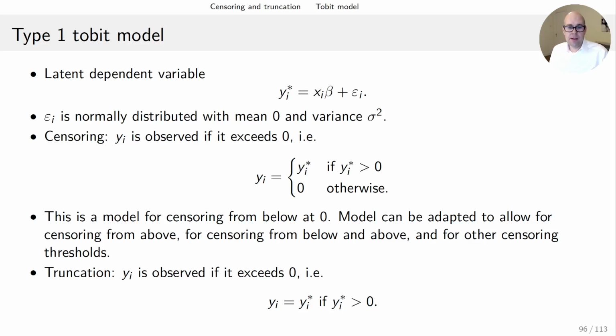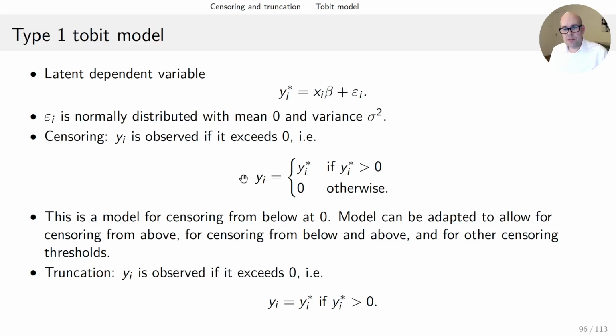Truncation would mean that y_i is observed if it exceeds 0. So y_i is equal to y_i star if y_i star is bigger than 0. So notice the difference again that I talked about earlier. If y_i star is bigger than 0, then it would be observed as y_i in both cases.